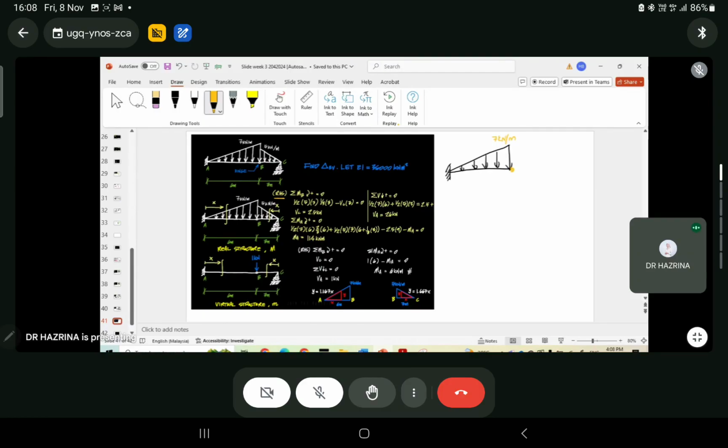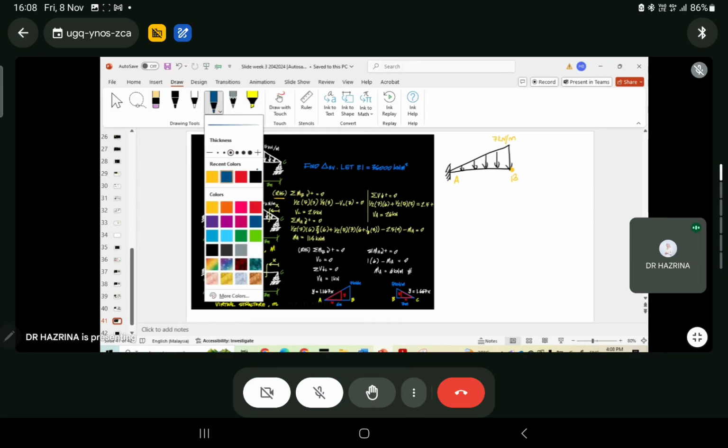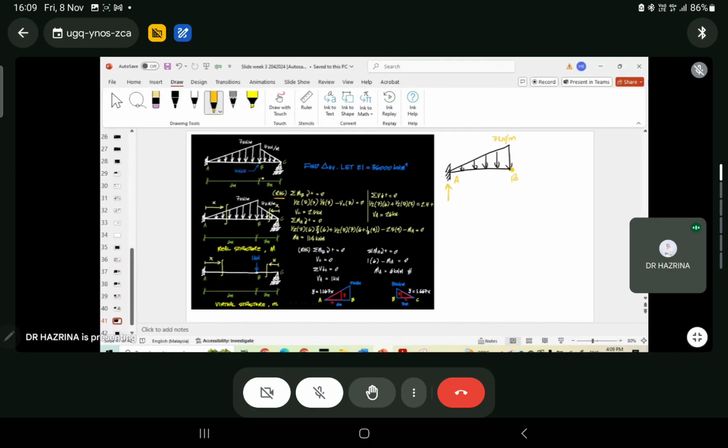You have the hinge here. Sini you ada A. And then you ada hinge B. So dalam kes ni, you nak cari you punya VA. You guna cara macam ni pun boleh juga. So sebenarnya what I'm trying to say, you have many ways on how to get the reaction forces. Depends on your understanding. Maksudnya depends on cara manalah yang you rasa mudah nak buat, yang you boleh guna pakai.